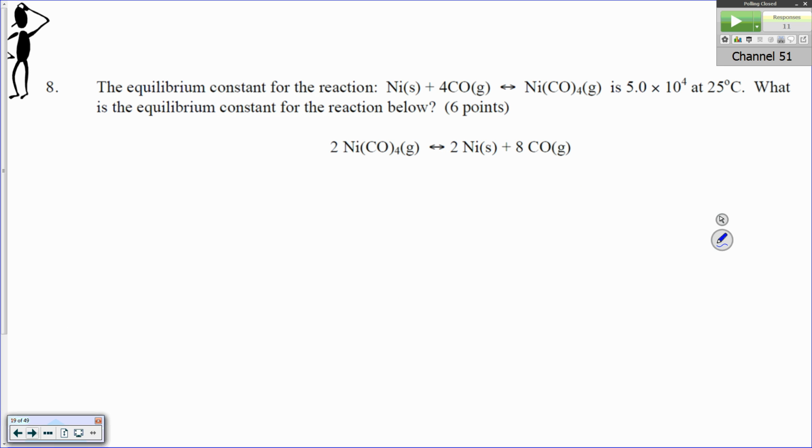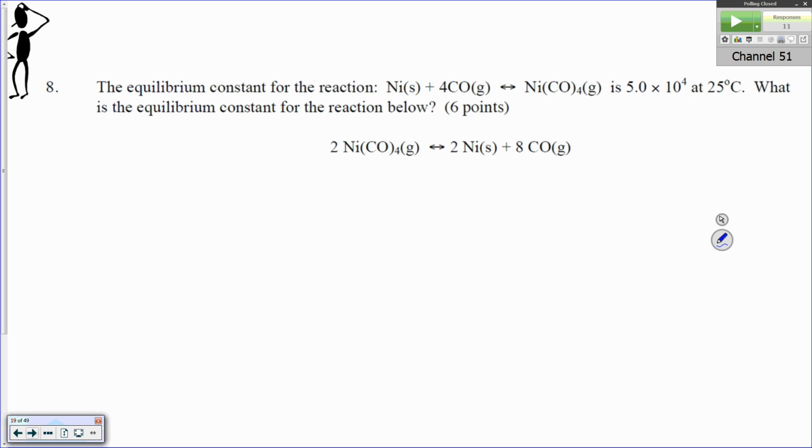All right, here's an example of an exam question I had a couple years back. So this is what I expected you to do. I gave you an equilibrium constant for nickel reacting with carbon monoxide to form the nickel carbon monoxide complex and gave you its value. Now I want to know, taking that piece of information, what is the equilibrium constant expression for the value below?